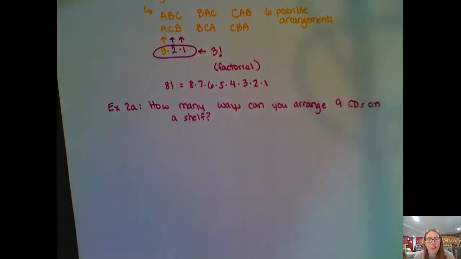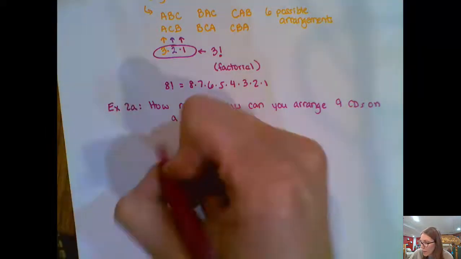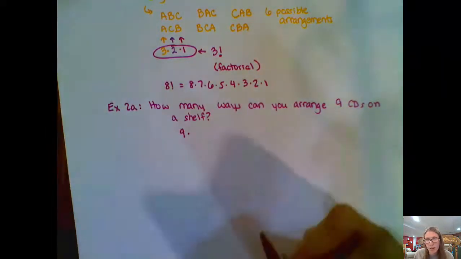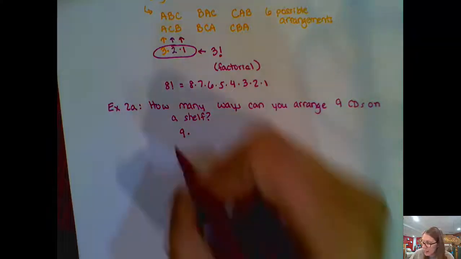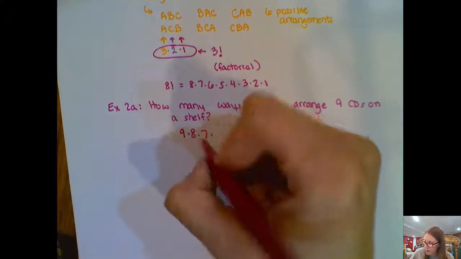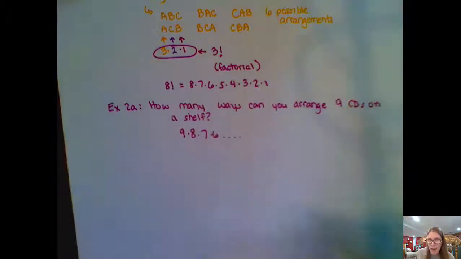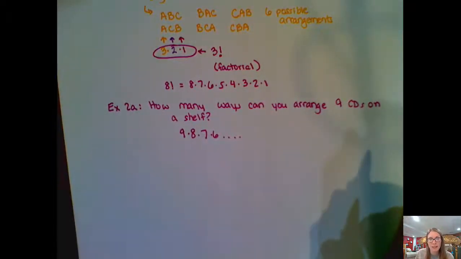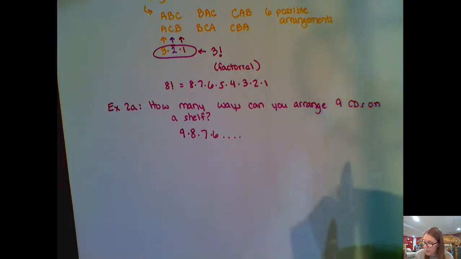So we're saying here it matters how we have these CDs arranged. Okay, how many different ways can we arrange them? Well, thinking through that fundamental counting principle again, that first spot on our shelf could have 9 possibilities. Now we only have 8 CDs left. So times 8, times 7, times 6, and all the way down. Because then eventually we're only going to have one CD left, and that has to fill in that last spot.